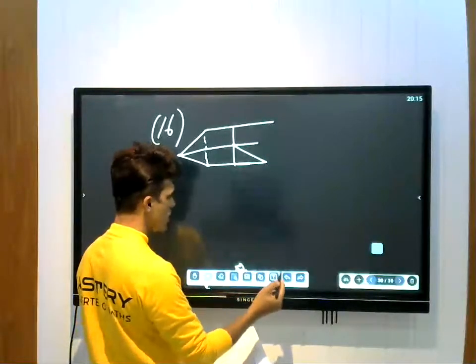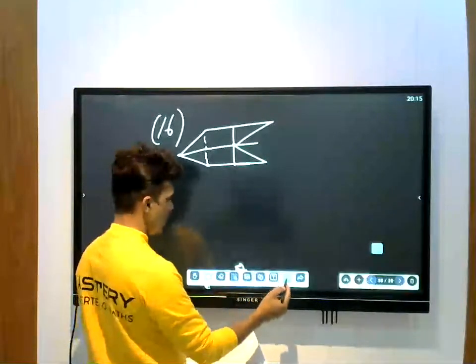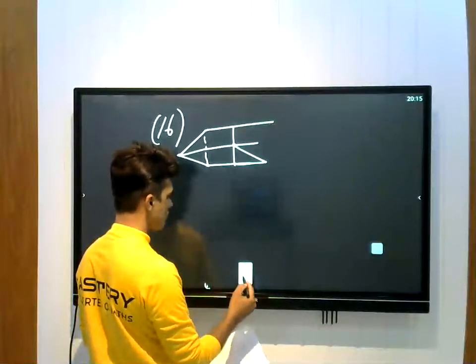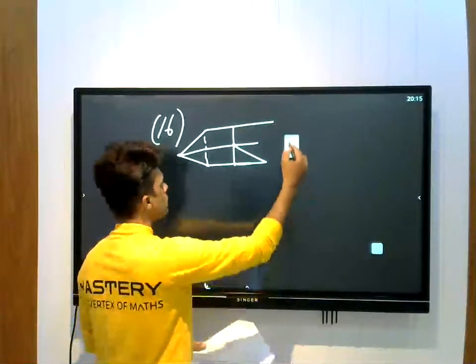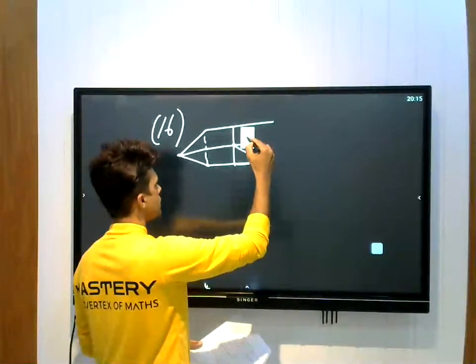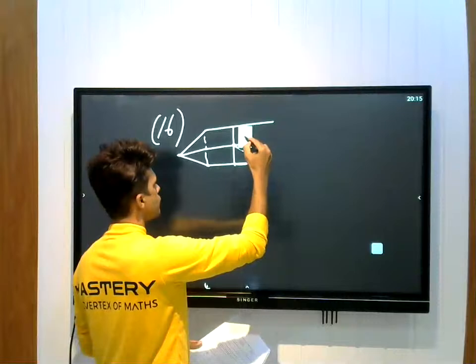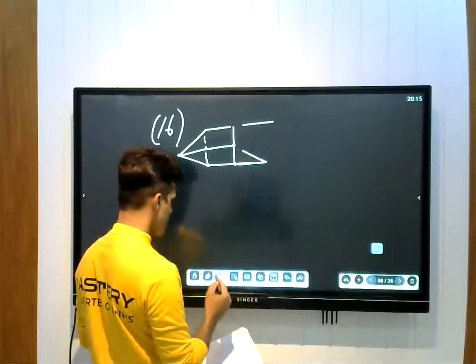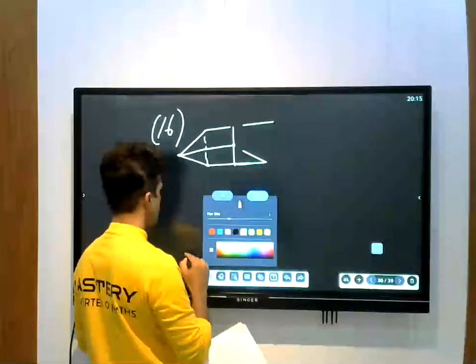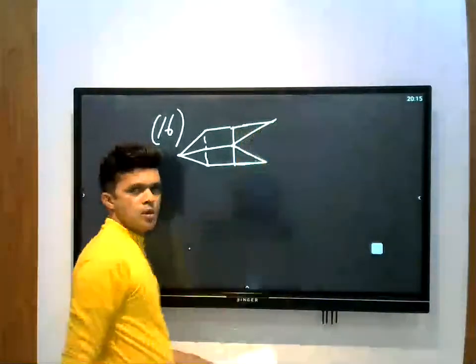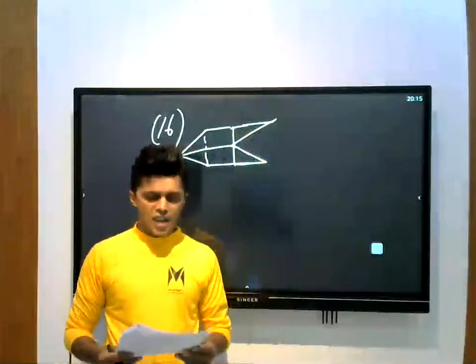What you have to do here is find the area of this diagram. How can you do it? How do you find the area of this one? Yes, you are able to find the area of this type of one.